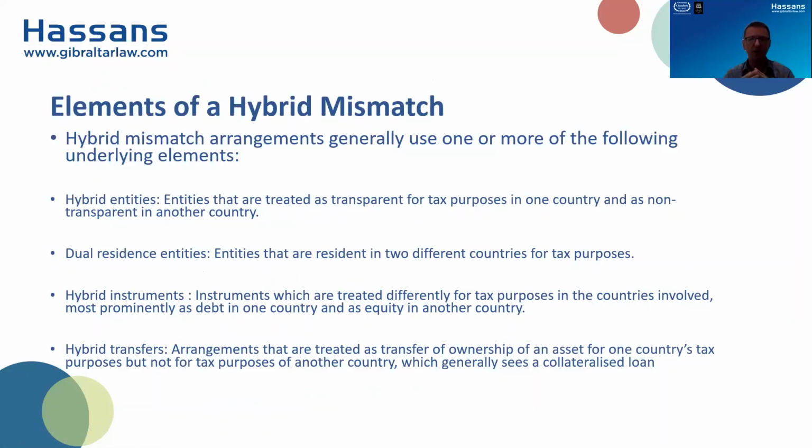So let's go through what the elements of a hybrid mismatch are in slightly more detail. The arrangements generally use one of the following underlying elements, entities or documents. So a hybrid entity is an entity which is transparent in one jurisdiction and non-transparent in another jurisdiction.